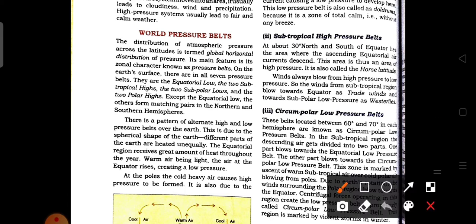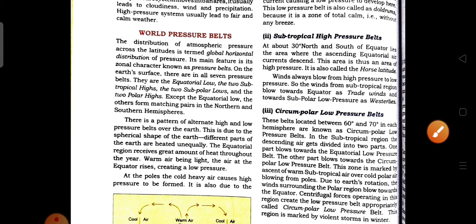The different parts of the earth are heated unequally. So there are 2 reasons. One is the spherical shape of the earth and the next is that the earth is heated unequally, which means all parts of the earth are not equally heated. The equatorial region receives a great amount of heat throughout the year.